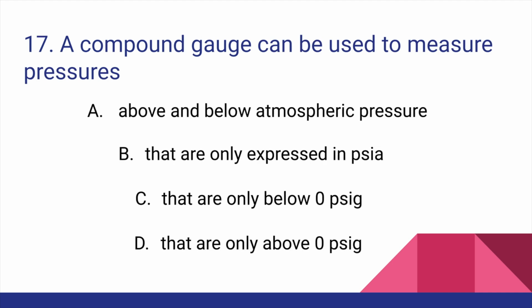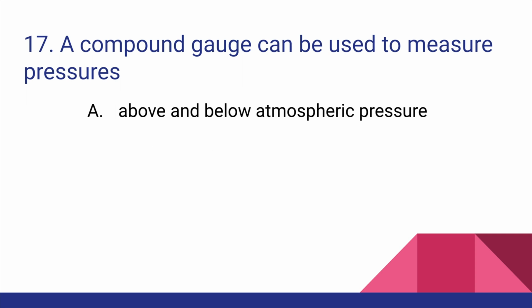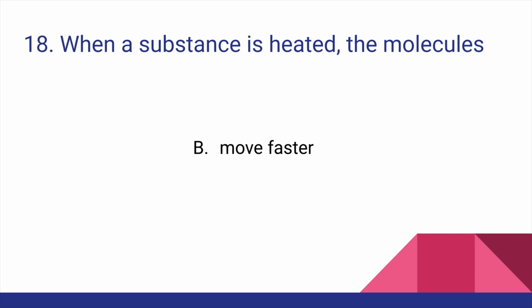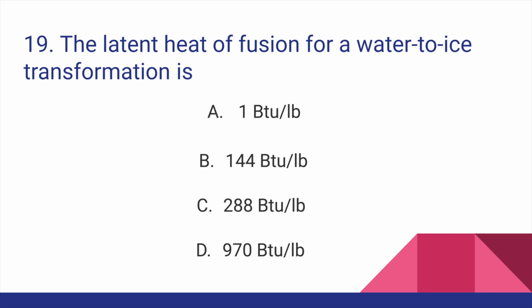Number 17. A combined gauge can be used to measure pressures above and below atmospheric pressure. 18. When a substance is heated, the molecules move faster. 19.